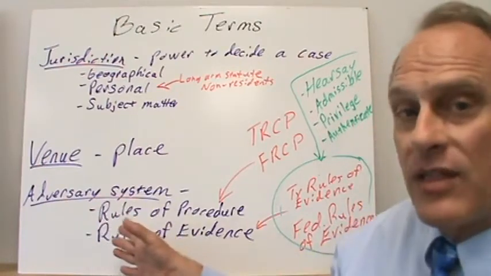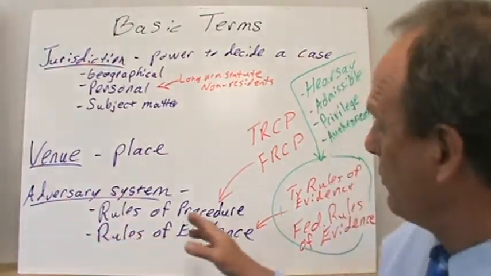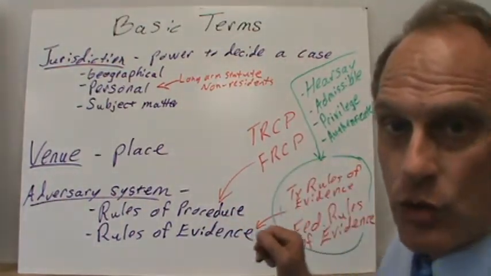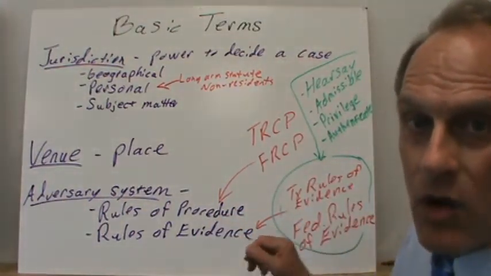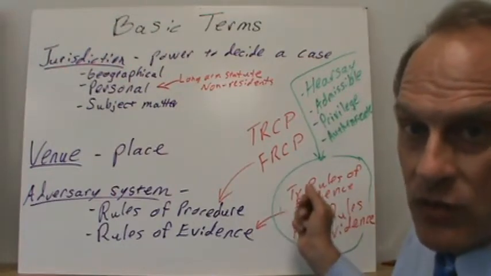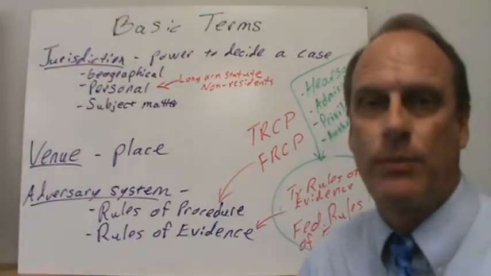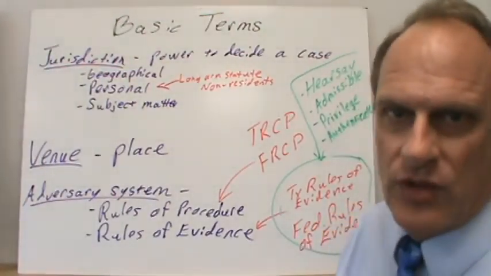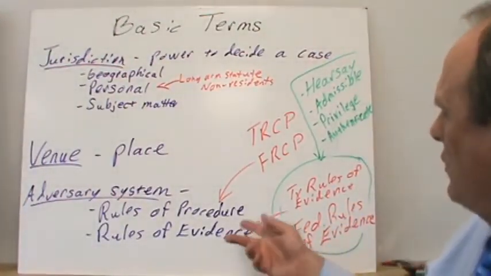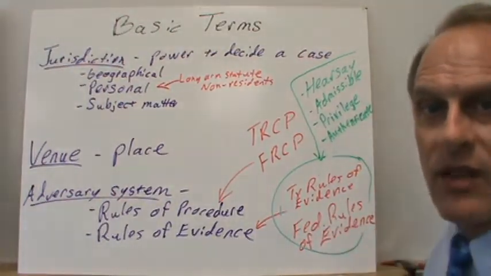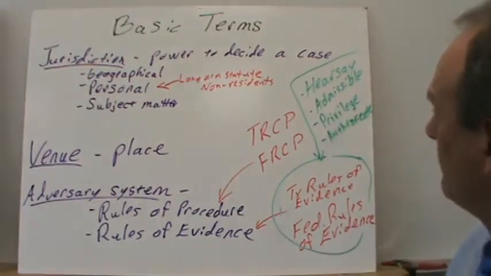Now, as we do that, though, we have to follow rules of procedure. And in Texas, we have something called the TRCP, the Texas Rules of Civil Procedure, and there's a counterpart called the Federal Rules of Civil Procedure. And then when it comes time to presenting evidence to the court, that's how we present our case, well, we have rules there too. In Texas, we have the Texas Rules of Evidence, and then there's the federal counterpart, the Federal Rules of Evidence.